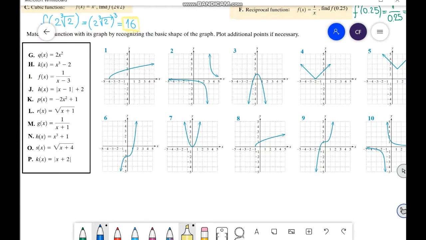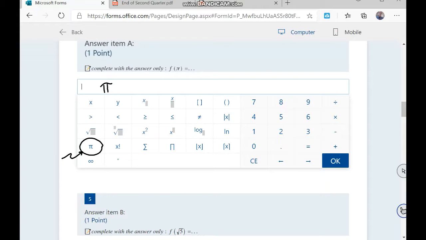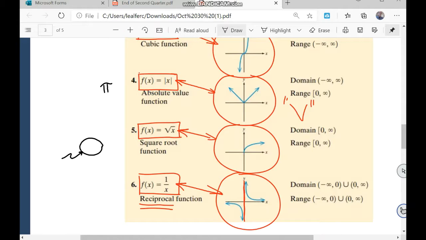Letter G. First one, letter G. Q of x equals 2 times x squared. And this is going to be a quadratic function, right? Check this equation here. It looks like a quadratic function. And let's remember the basic shape of the quadratic function, which is here.